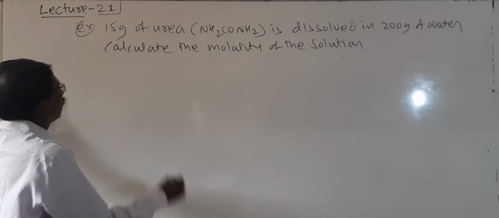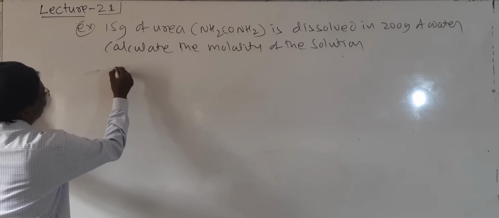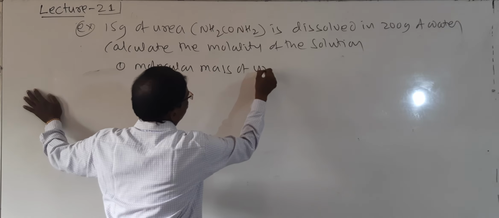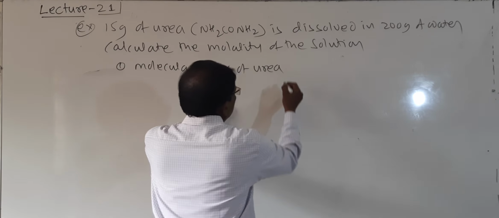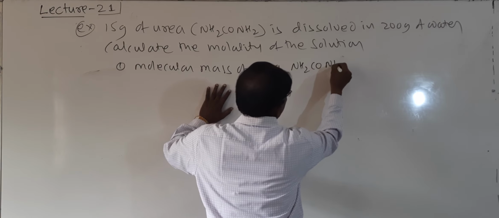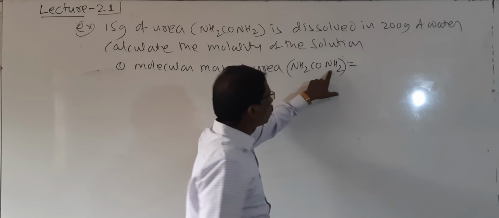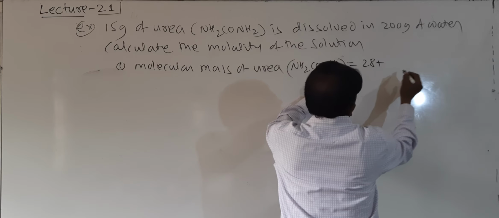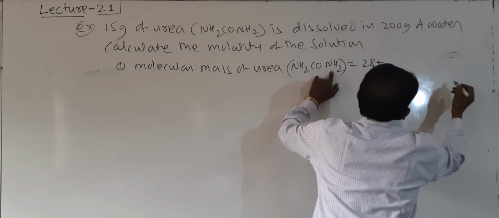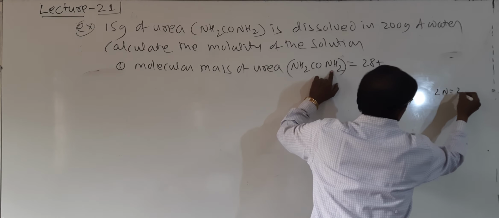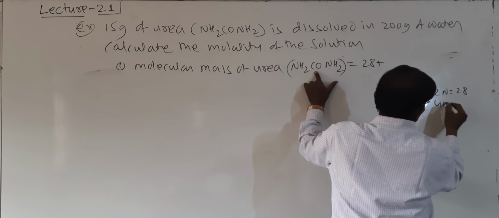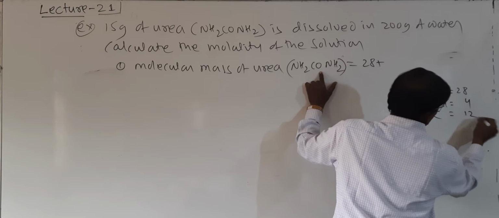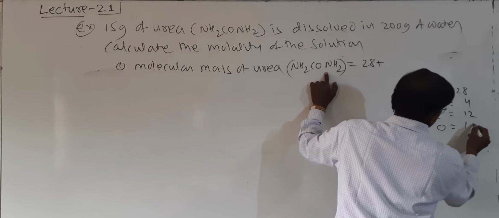I will write the formula. Look here. First, the molecular mass of urea. You are familiar with it: NH2CONH2. It has 2 nitrogen, which means 28, and 4 hydrogen, which is 4, and 1 carbon, which is 12, and 1 oxygen, which is 16.